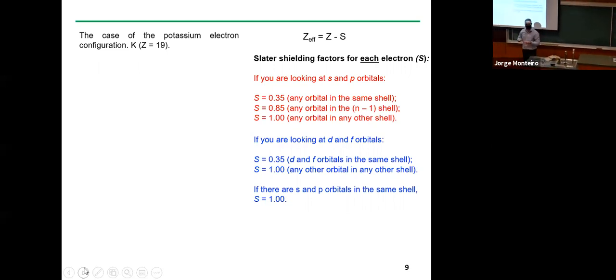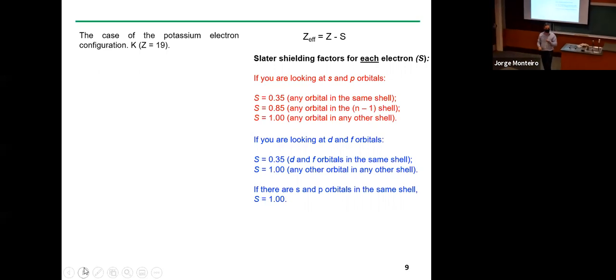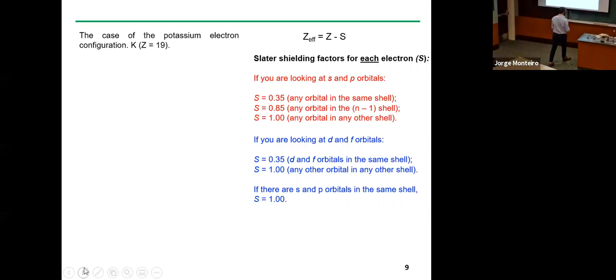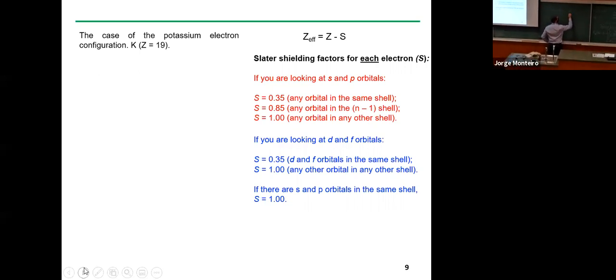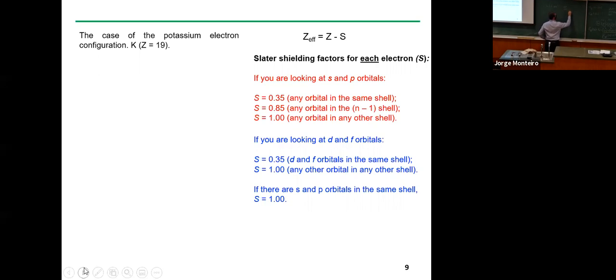And the first thing I want to do here is to draw the electron configuration. So we are going to go 1s2, 2s2, 2p6, 3s2, 3p6.